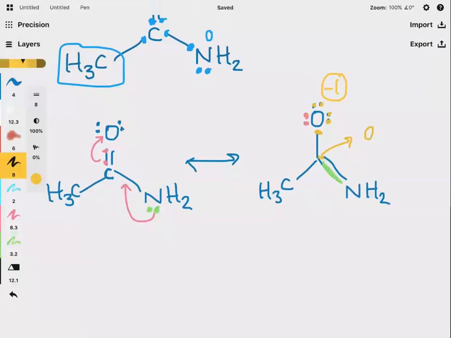So what about our nitrogen? Well, our nitrogen has how many electrons in its valence shell now? 1 right there, 2 right there, and it has 2 hydrogens bonded to it. So that's 3, 4. And it doesn't have that lone pair anymore. So it only has 4 electrons in its valence shell. It's supposed to have 5 because it's a group 5 element. So it is +1.